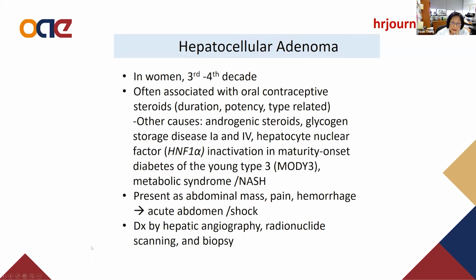And this lesion in the patient presents as abdominal mass, abdominal pain, or hemorrhage, which causes acute abdomen or shock. Diagnosis again can be done by imaging and biopsy.